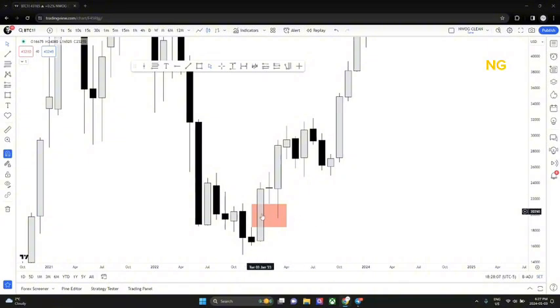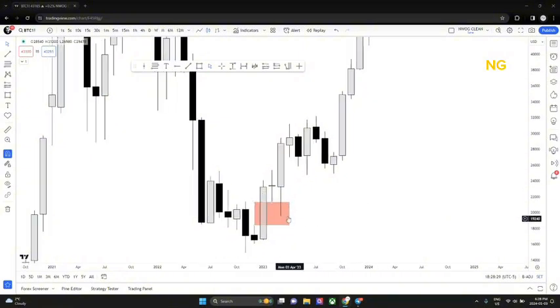This will be the base of your setup. So before this candle trades here, when it's open and just gyrating between the high and the low of this one, you'll be anticipating price to trade back into this fair value gap if you are bullish, right? So this is the base of your setup.